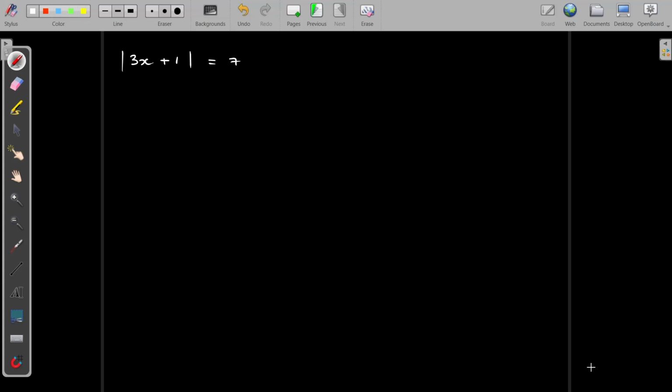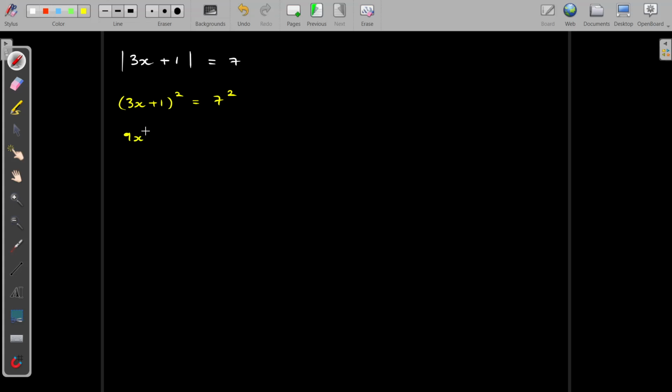So I can't find the factor. I'm having trouble finding a factor that I'm going to. Oh, you squared both sides. Yes, sir. So squaring both sides, 3x plus 1 all squared is equal to 7 squared.